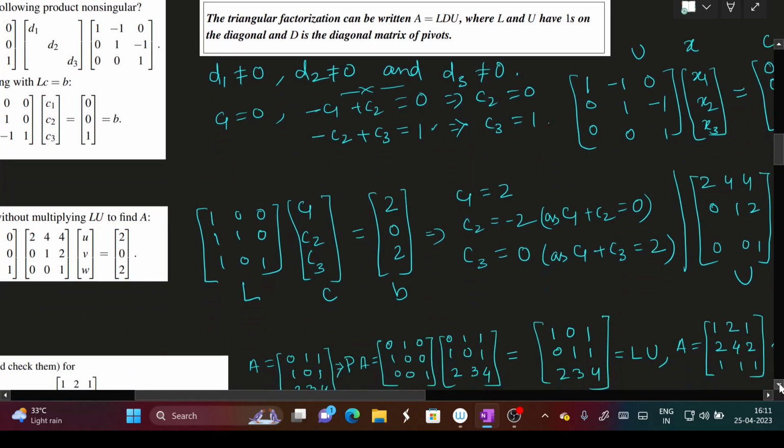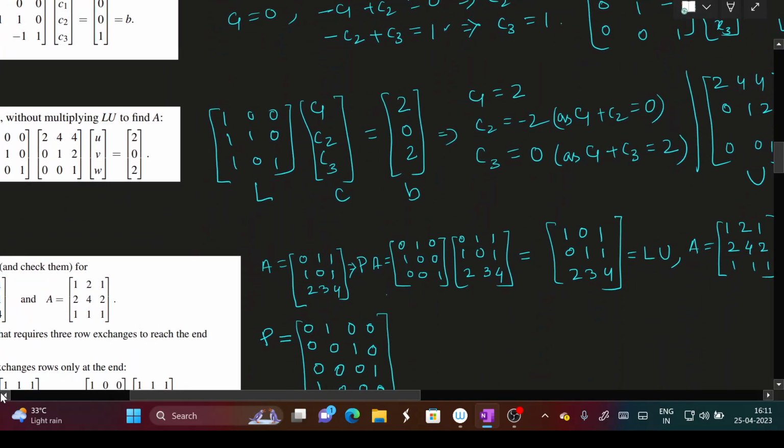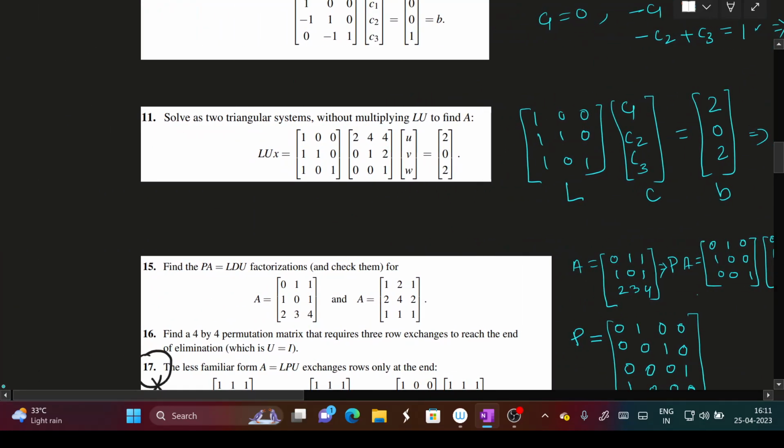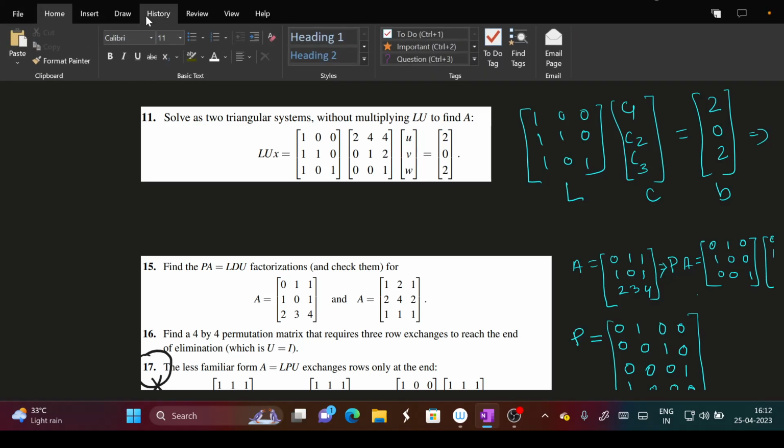Okay, next is this question. Here, in the first matrix, just one row interchange, of the first and second rows, gives my target.